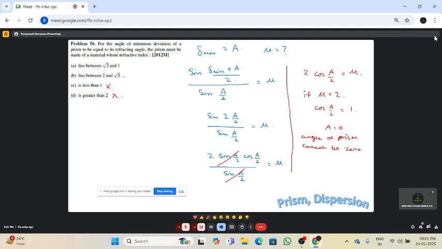Lies between 2 and 1.4. I think this is also wrong because just now we saw 2 and 1.4. If I take 1 here, mu is equal to 1, I will get 1 by 2.